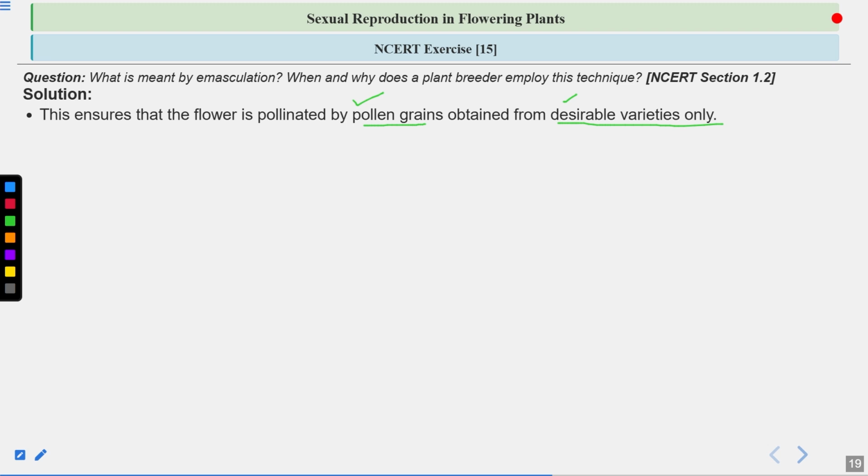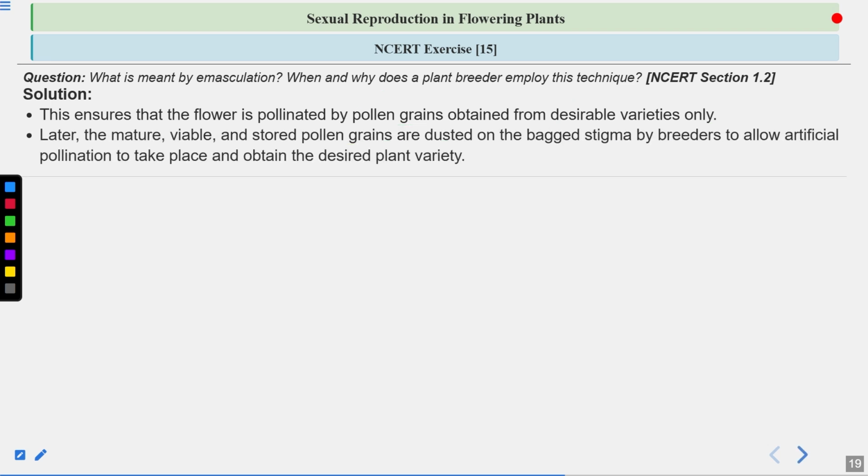So whatever pollination is there, it is by the desired pollen varieties only. Later on, the mature, viable and stored pollen grain are dusted on the bagged stigma by the breeders to allow artificial pollination to take place and obtain the desired plant varieties.